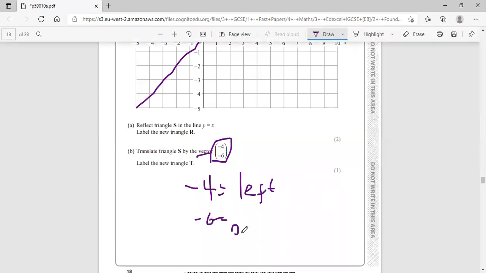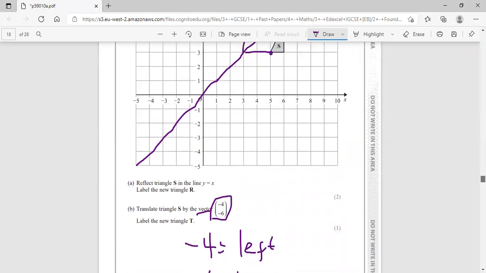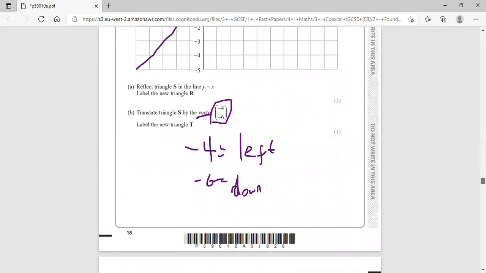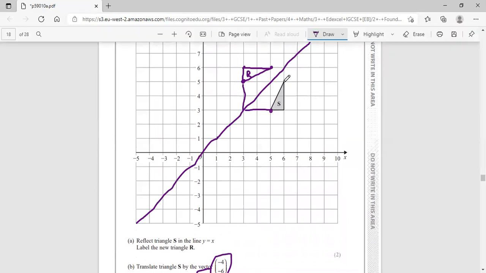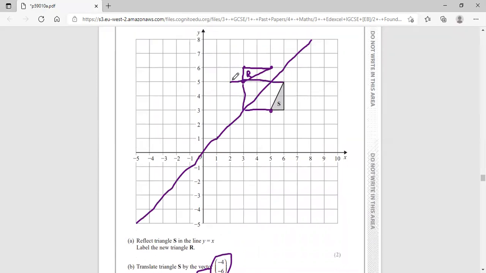That's what you do in a column vector: positive on top is right, negative is left, positive on the bottom is up, negative is down. So we go left 1, 2, 3, 4, and then down 1, 2, 3, 4, 5, 6. This is the top of it, and then the next one's going to be here, and then here. So this is our triangle T.